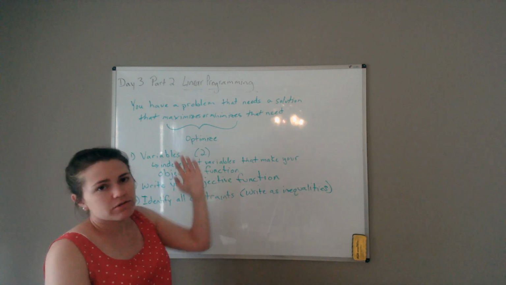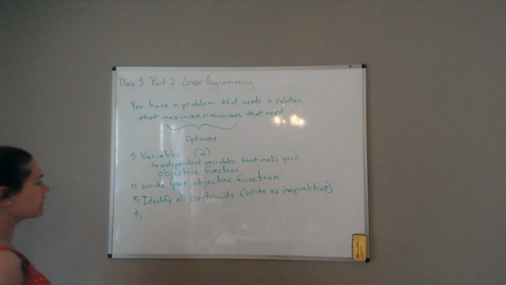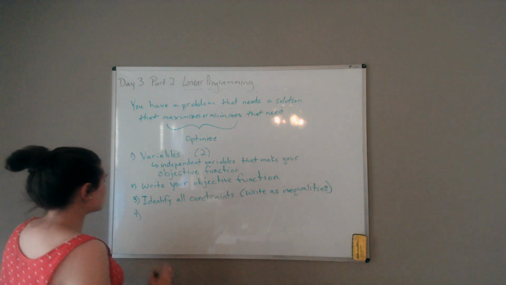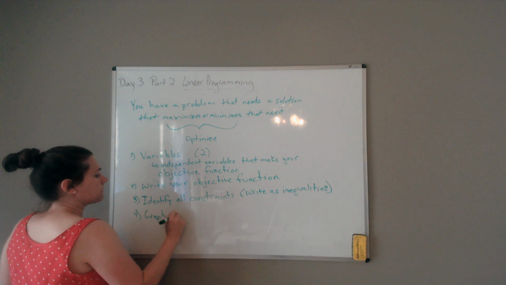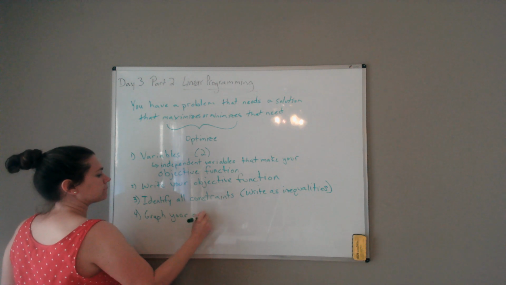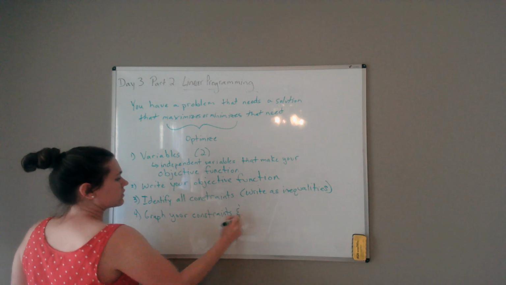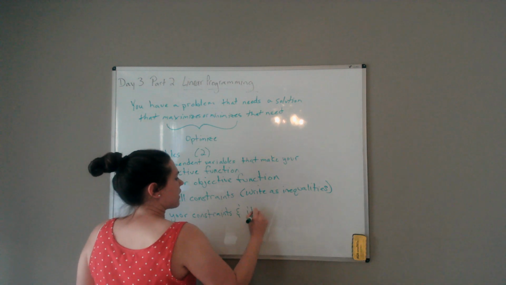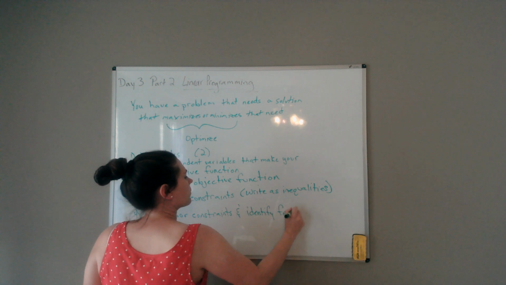But that would have to leave off of the coordinate plane, so you wouldn't be able to do that by hand in this class. You'd have to use computer software. And so what you do is, you graph your constraints, and you identify the feasible region.